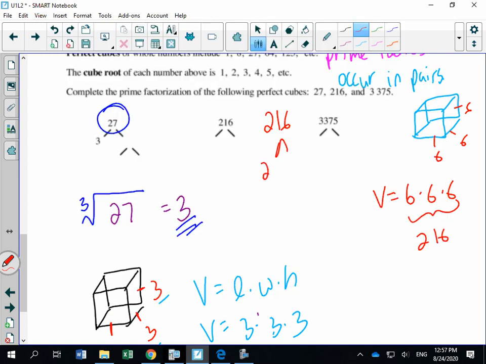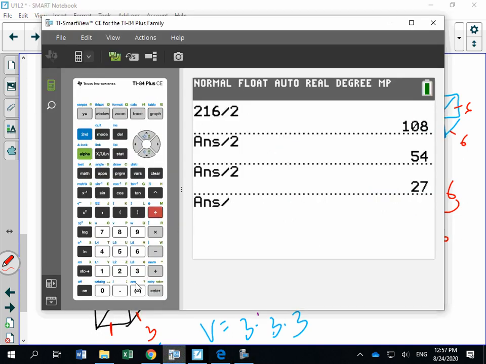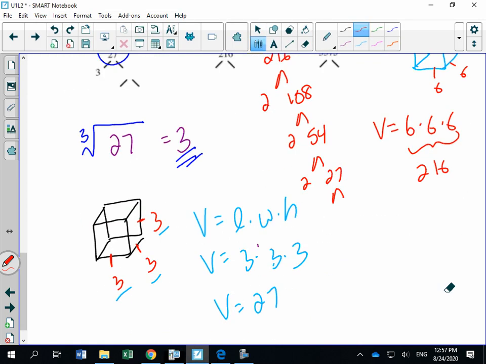So 2 and 108, 2 and 54, 2 and 27. 2 is not going to work, so let's divide this guy by 3. 27 divided by 3 is 9. And 9 divided by 3 is 3.